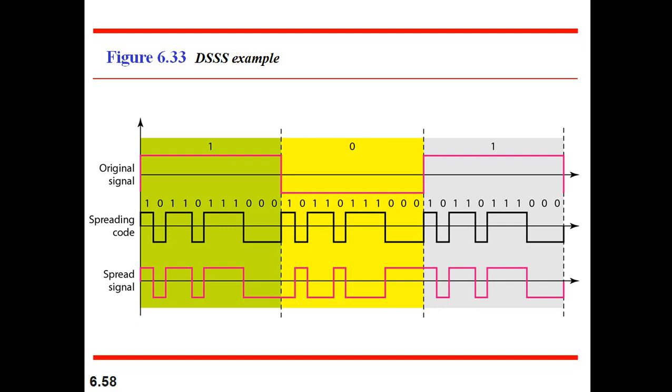If you are using special chipping sequences or chipping codes, by which you can combine a number of signals and also easily separate them, in that case we can say that we can share the bandwidth here.